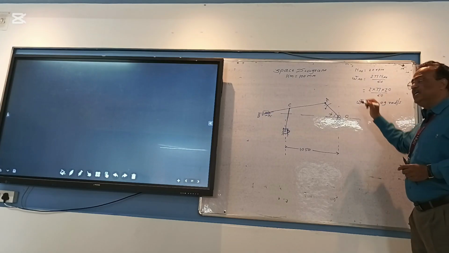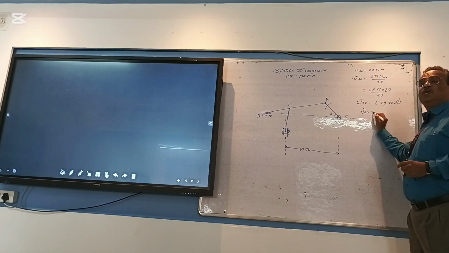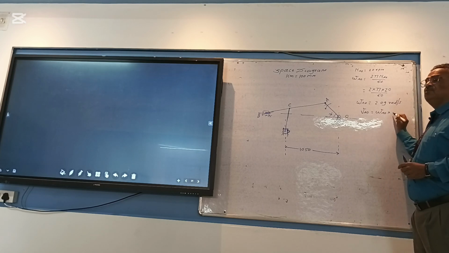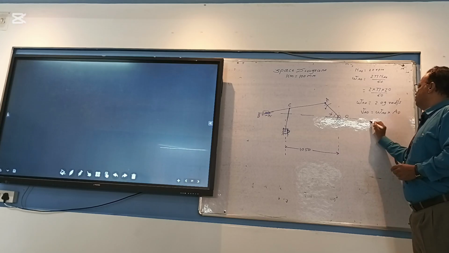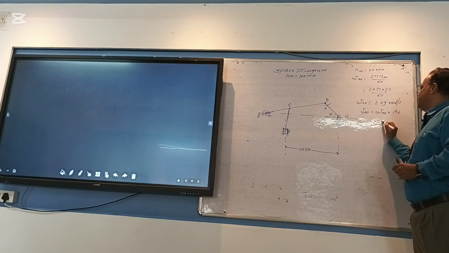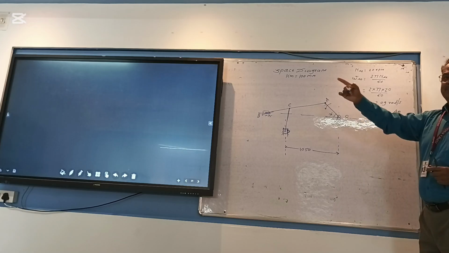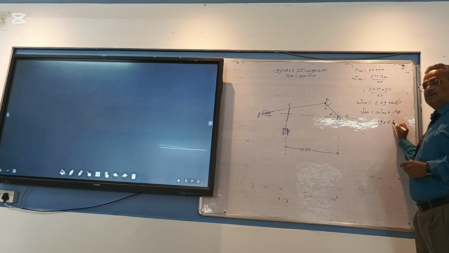But after getting omega, you must be able to calculate the linear velocity. Linear velocity is given by omega multiplied by radius of that link. So omega is 2.09 multiplied by what is the length of AO link? 0.3 meter.